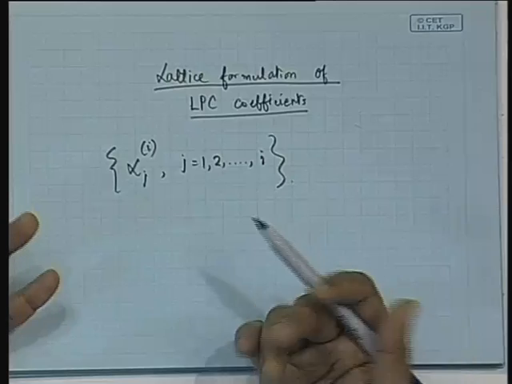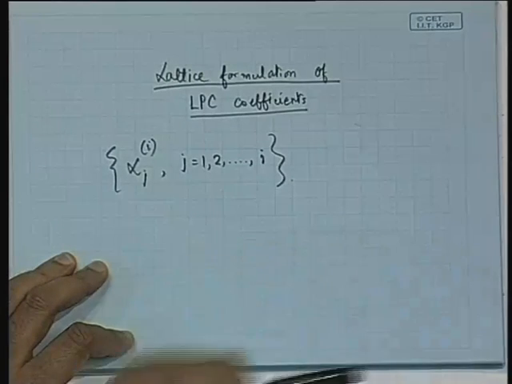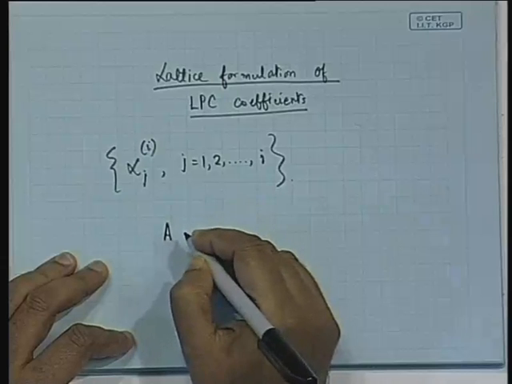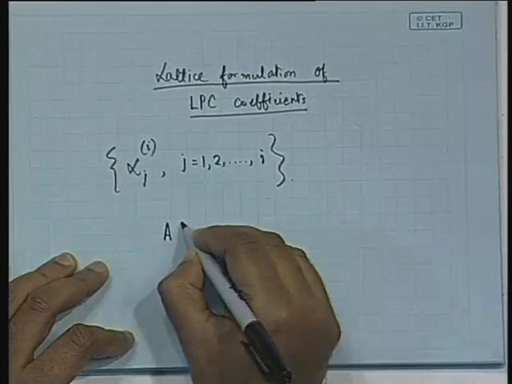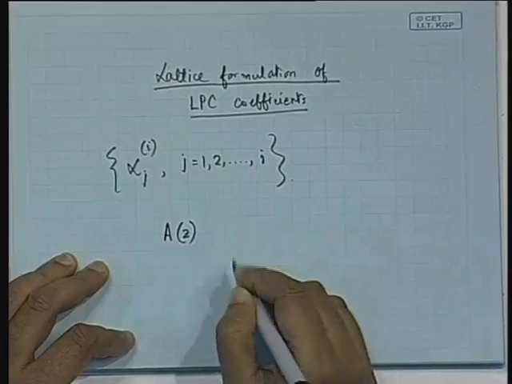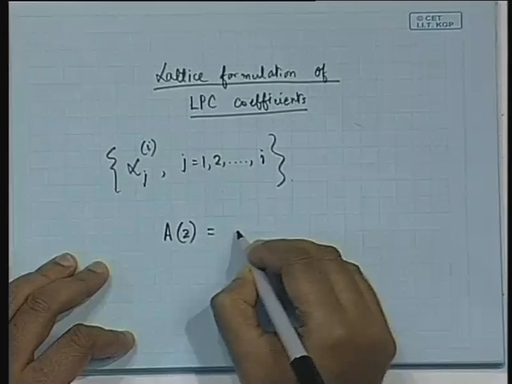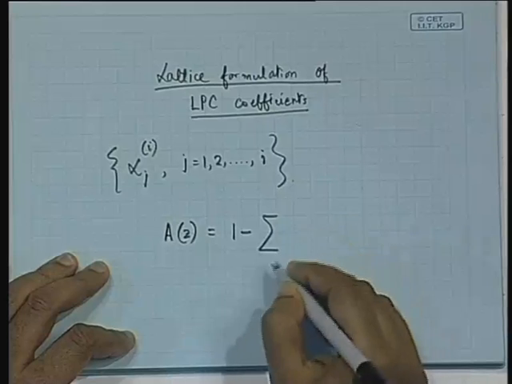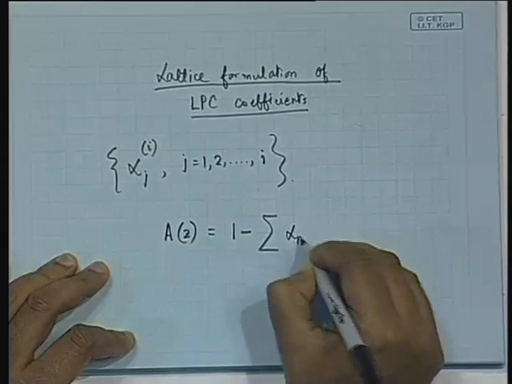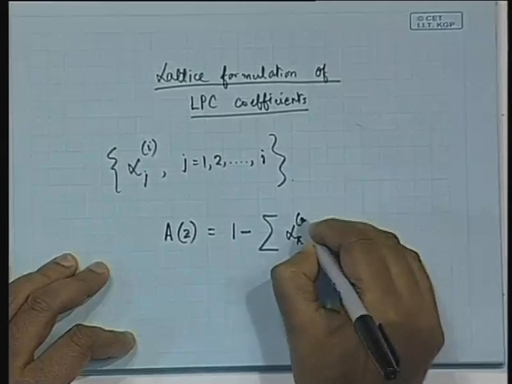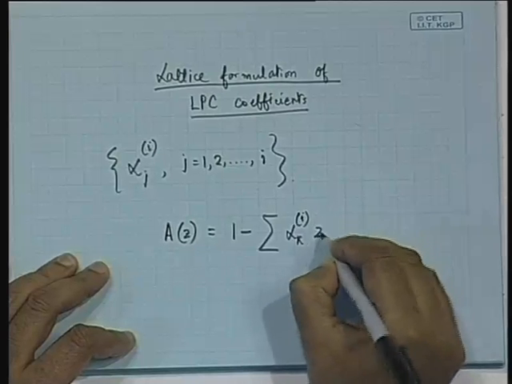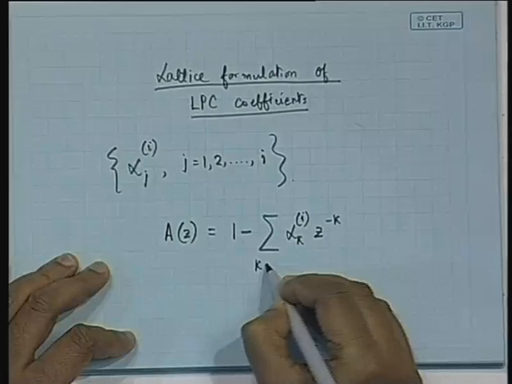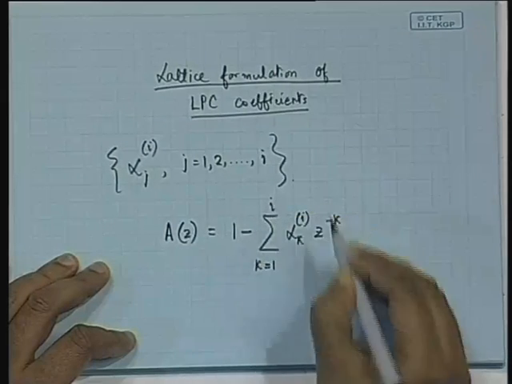Let us give the filter expression like this: we call that filter in the z domain A of z, and we write A of z as 1 minus the summation of alpha k superscript i into z to the power minus k, where the index k changes from 1 to i.